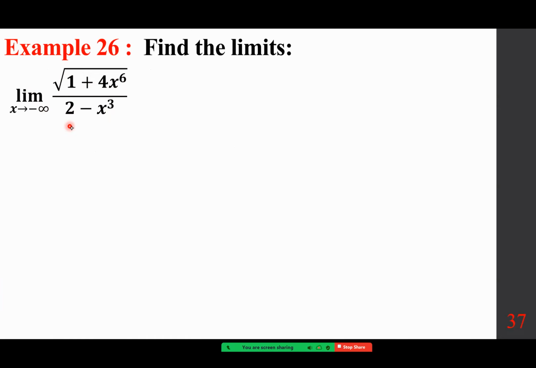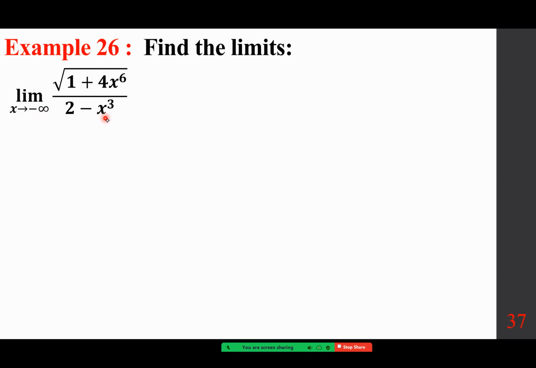Assuming it was a rational expression, and it's not. The reason it's not a rational expression is because of the expression in the numerator. It is not a polynomial, remember. Polynomial over polynomial means a rational expression. And if it were a rational expression, whether x approaches infinity or negative infinity, the technique is to divide by the highest degree term in the denominator.